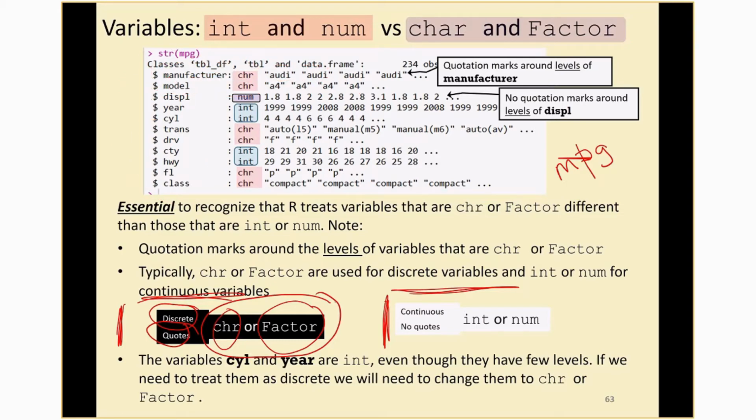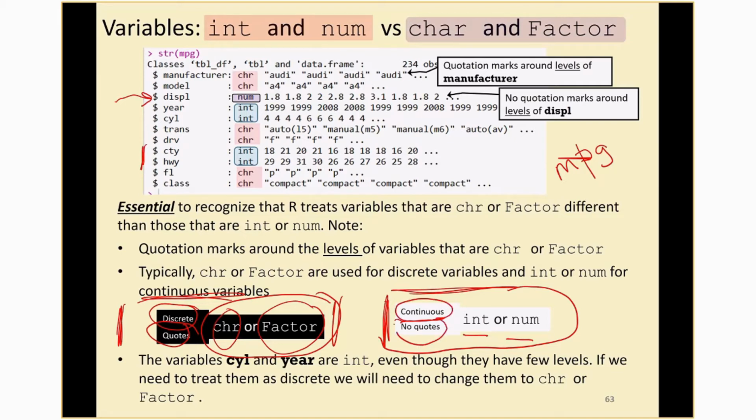Now let's think about the ints and the nums. The ints or the nums, they are continuous variables. So if we think about something like displacement, the size of the engine, that's going to be a continuous variable. Or city or highway mileage, that's going to be a continuous variable. Also note no quotes.